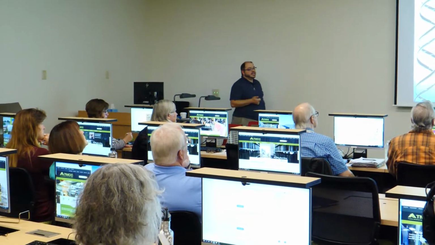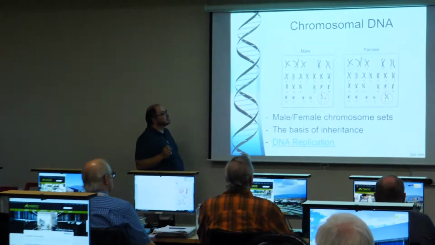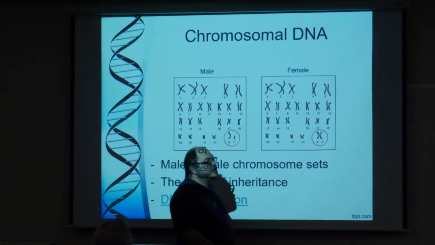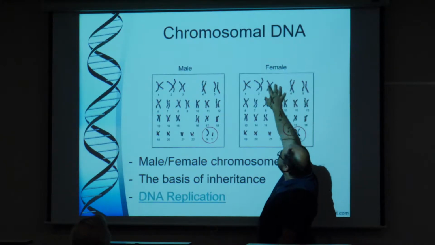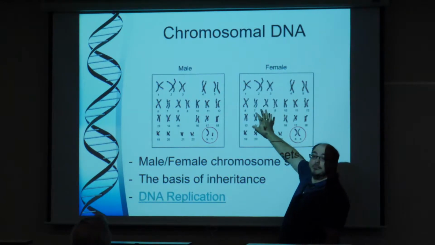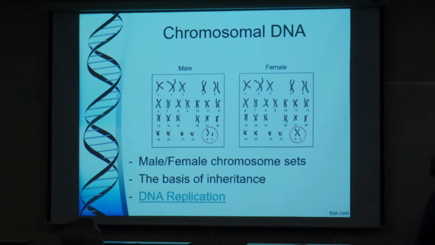So, DNA basically has two sets. Chromosomal DNA is in two sets. What we call autosomal DNA is pretty much all of these chromosomes that are numbered. Every human being has a total of 22 chromosomes plus 2 that determine sex.